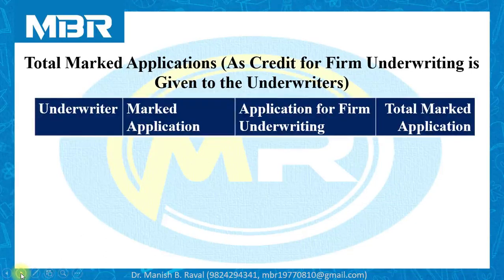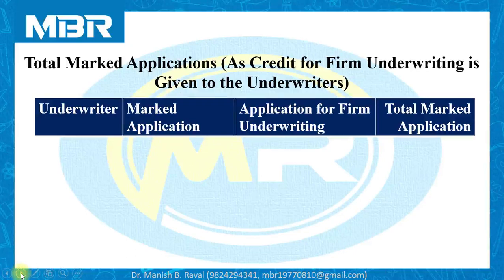For this purpose, we will prepare a structured table. First column, underwriter. Second column, marked applications received from the public. Third column, application for firm underwriting.